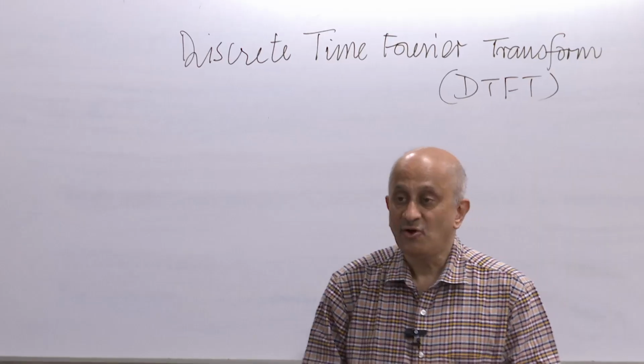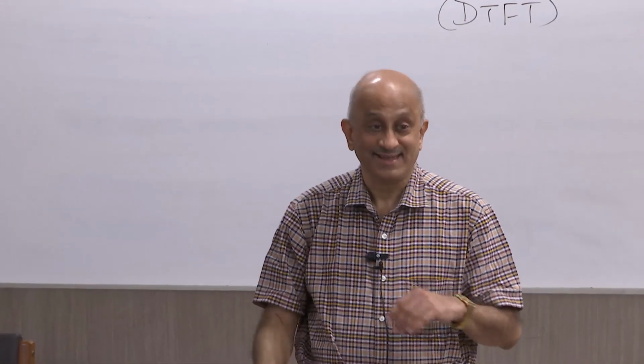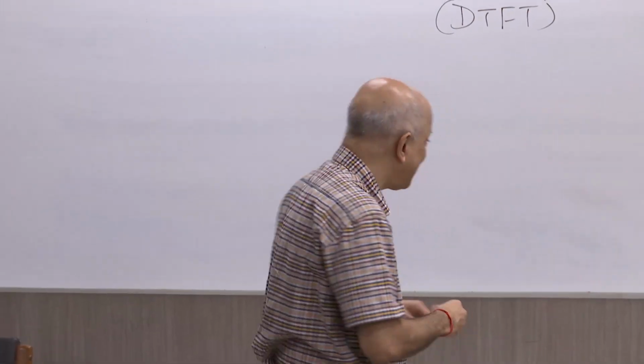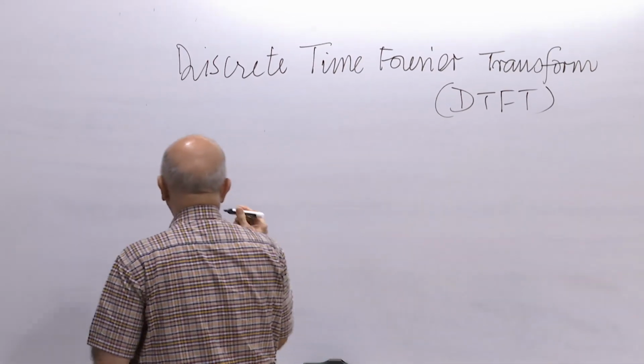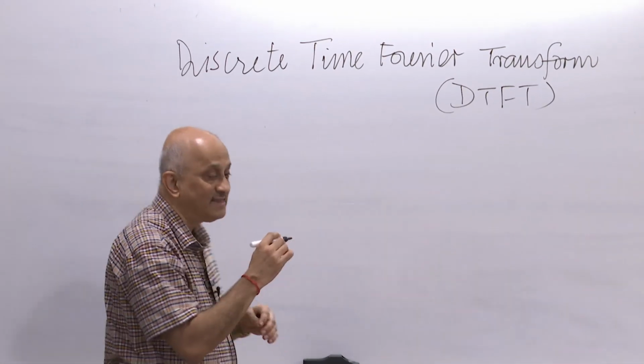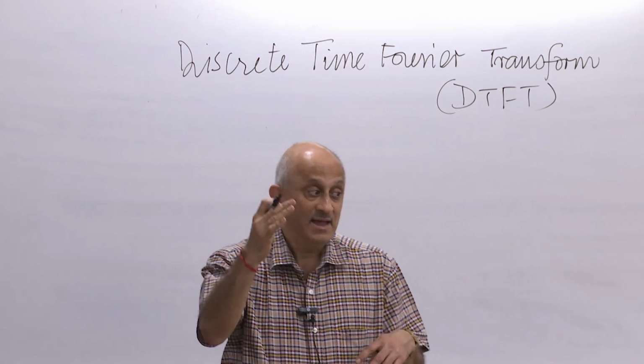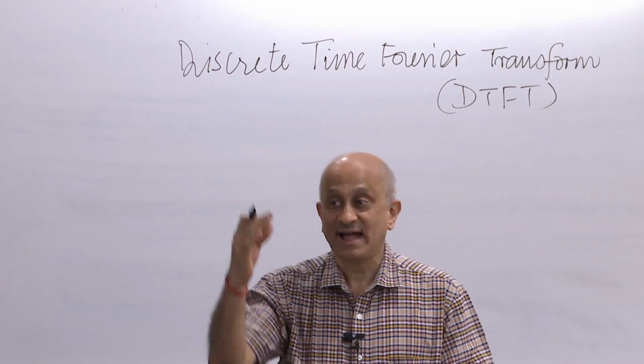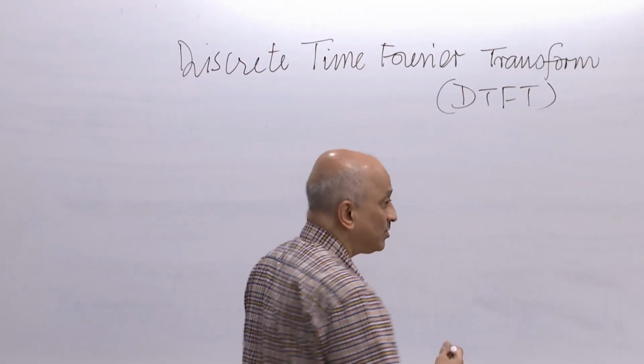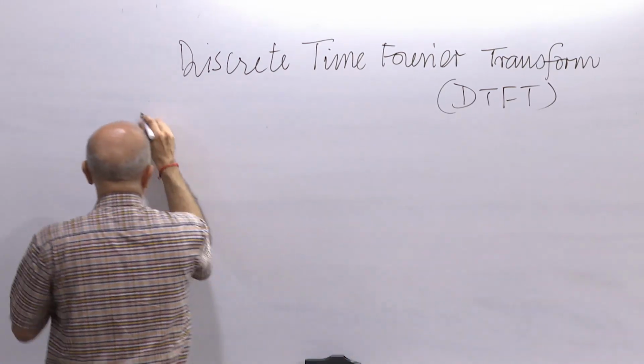Now yesterday we saw that you can sample a signal, right? So when you sample a signal, you get a stream of samples. Now what is the idealization in sampling? What is the ideal form of sampling?